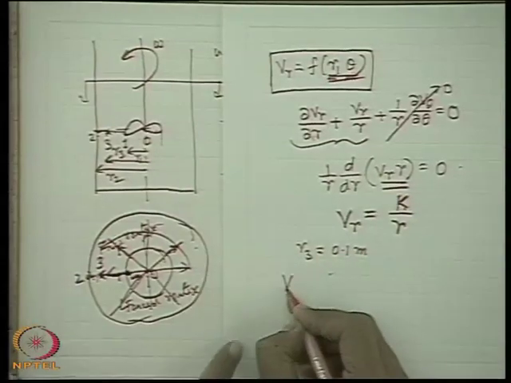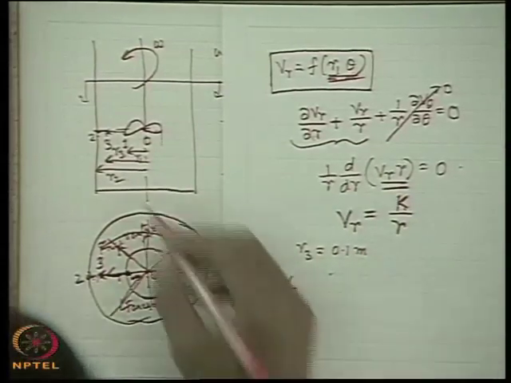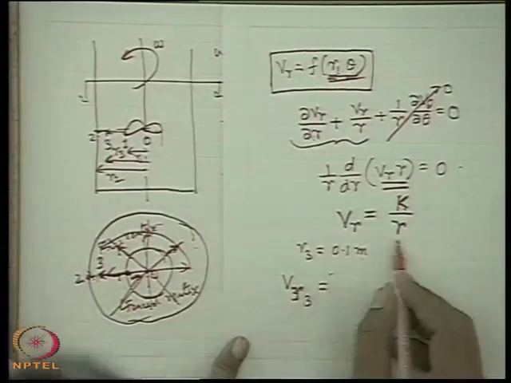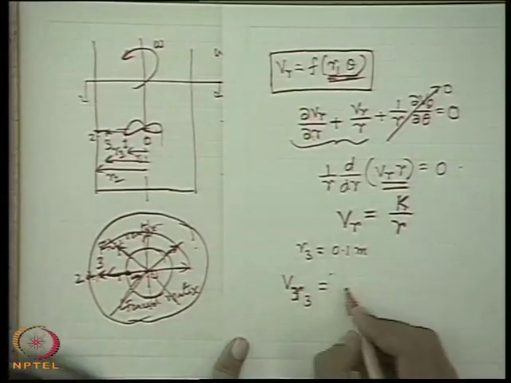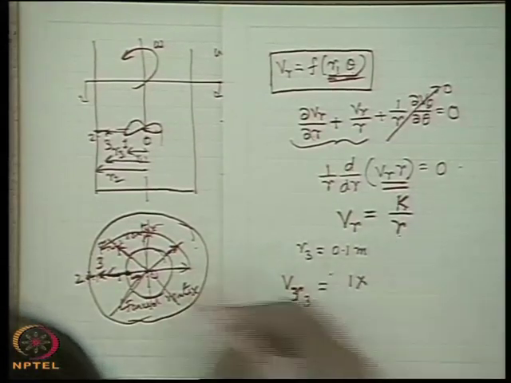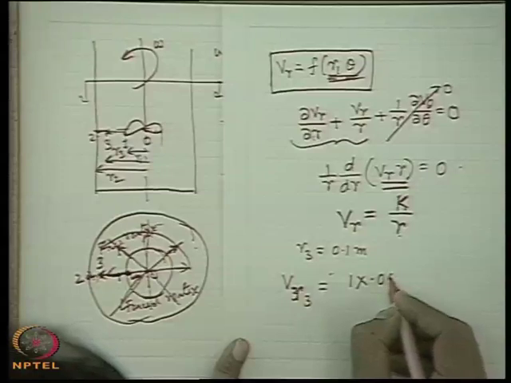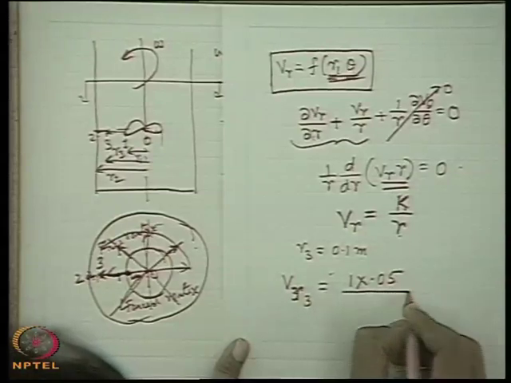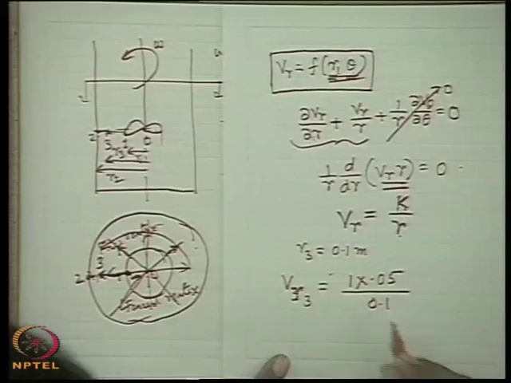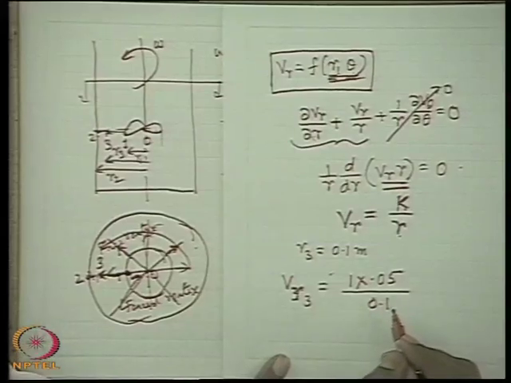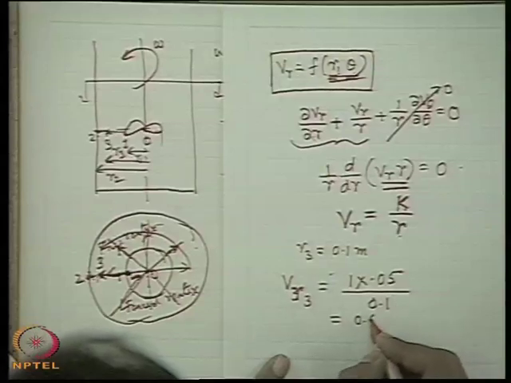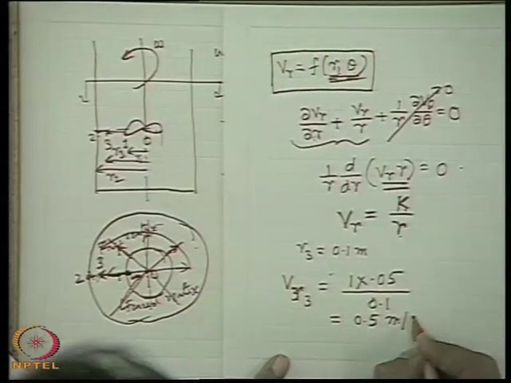So VR3 is inversely proportional to r, that means it will be the radial velocity 1 meter per second at the corresponding radius 0.05, divided by R3, which is 0.1. So what is the value of VR3? VR3 is 0.5 meter per second, very good.